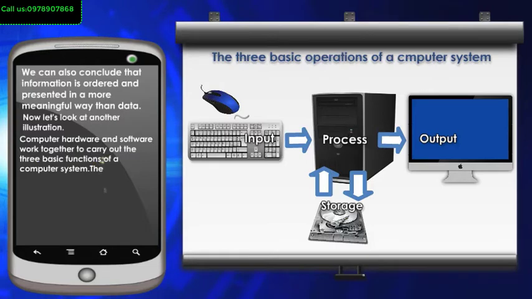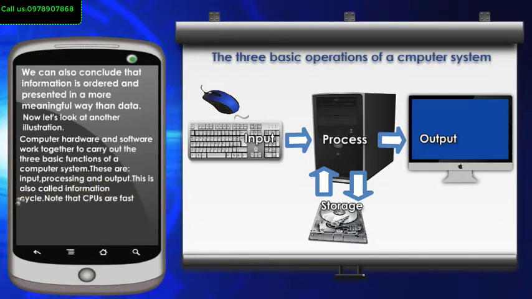These are input, processing, and output. This is also called information cycle. Note that CPUs are fast enough to execute many information cycles at the same time.